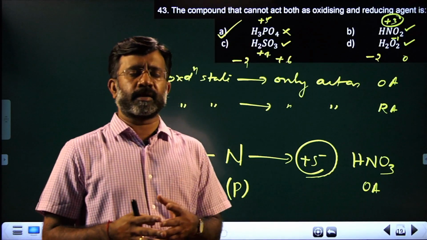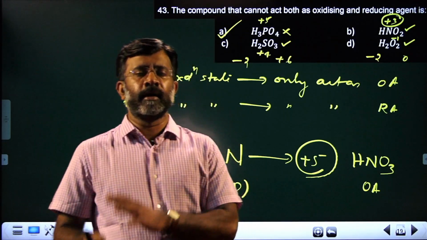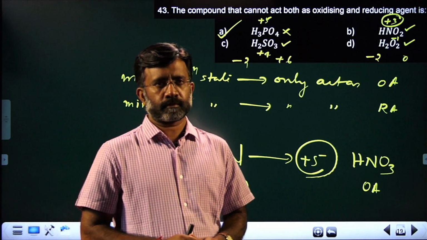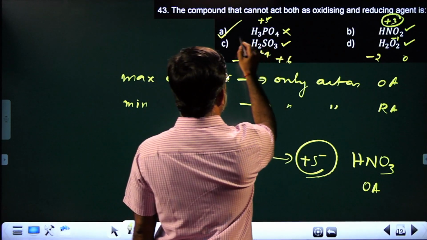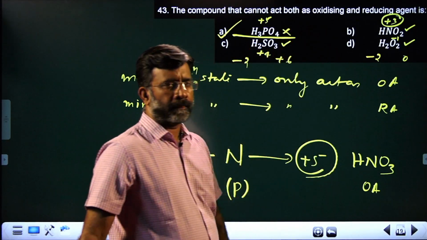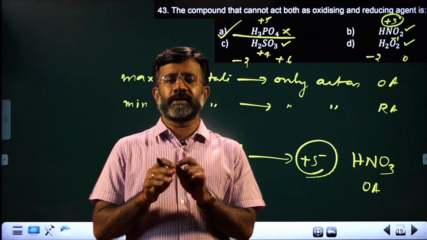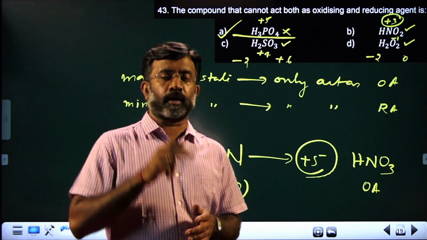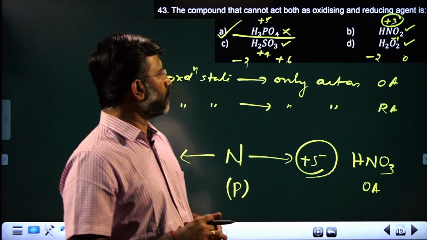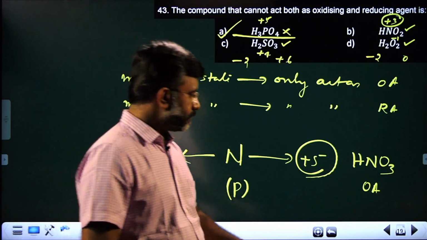We know hydrogen peroxide can act as both an oxidizing agent and a reducing agent. So all other choices except H3PO4 can act as oxidizing as well as reducing agents. And our question is, which cannot? The answer is option A, H3PO4. Next.